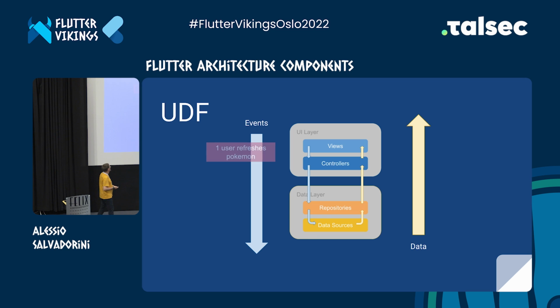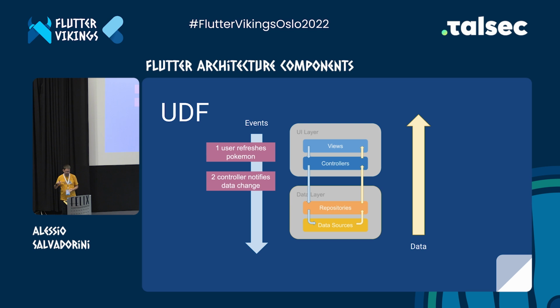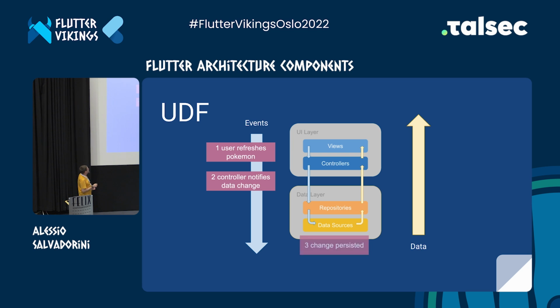Unidirectional data flow. So I click, I want to refresh the Pokemon. This information from the view is given to the controller, and the controller tells the repositories that we want to change this data set. The repository does the change, and then through the data sources, it persists it.